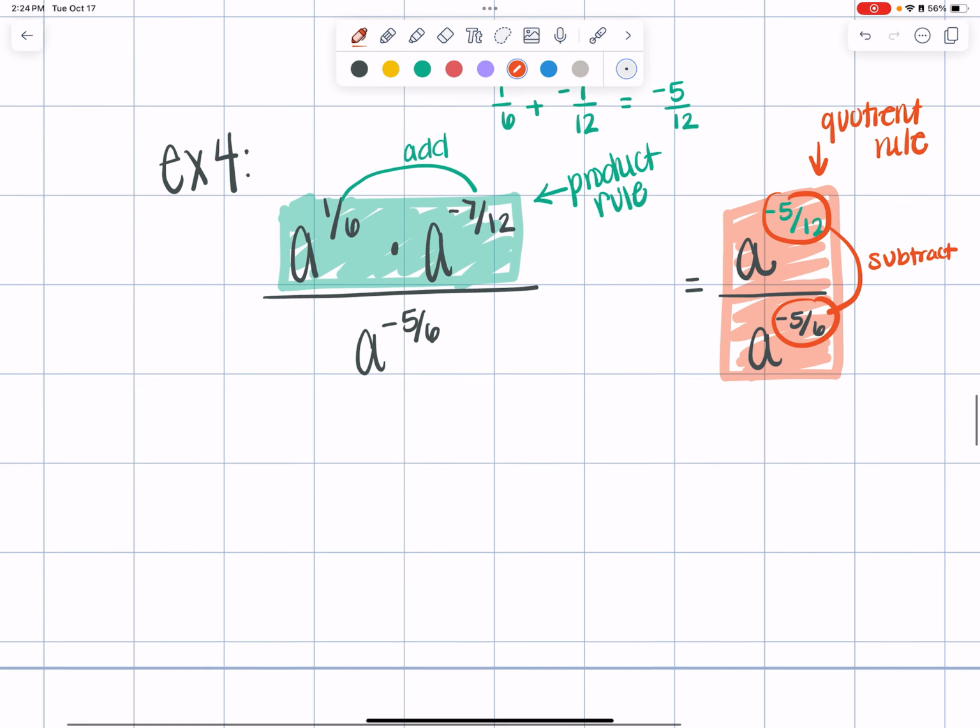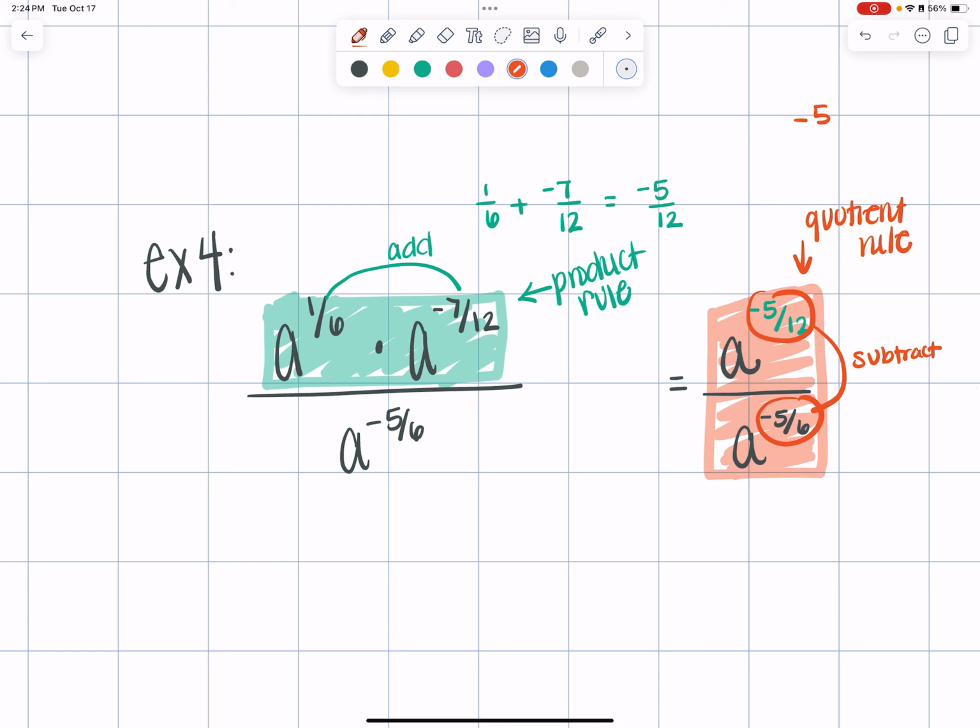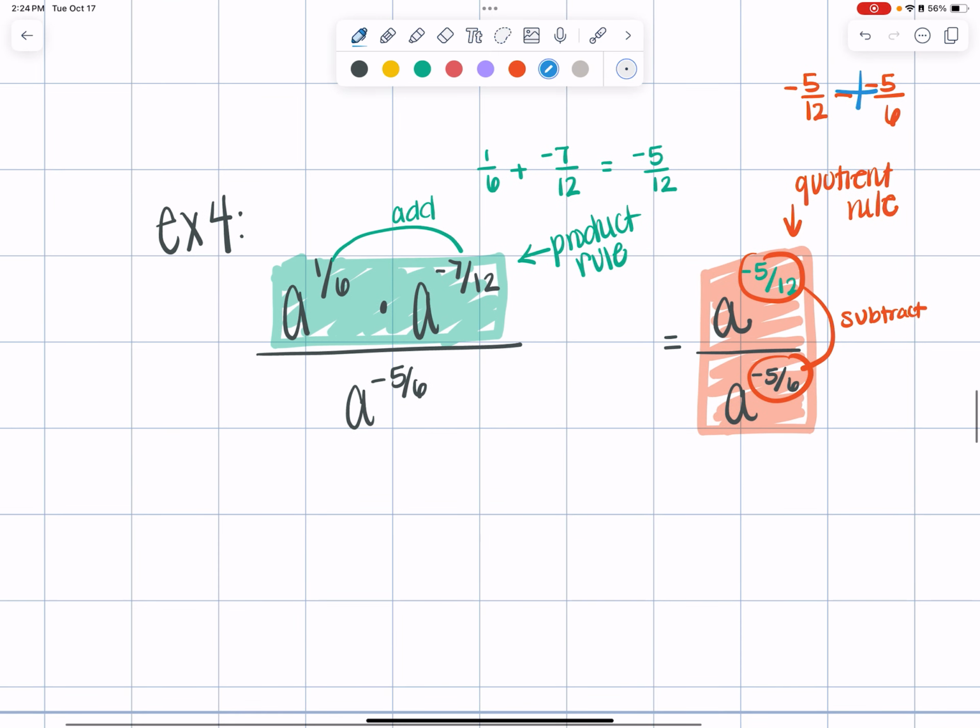Let me write this. I'm running out of room. I'm going to write it up at the top. Negative 5/12 minus negative 5/6, those would turn to a positive, or you can just type it in exactly like it is. But if you wanted to do it by hand, when you subtract those, you end up with a positive 5/12. So you're going to have a to the 5/12 power.